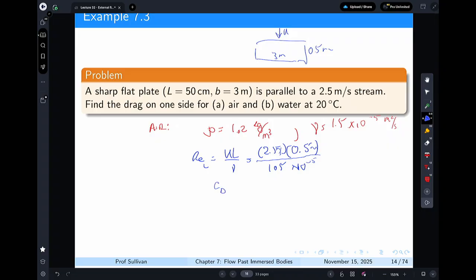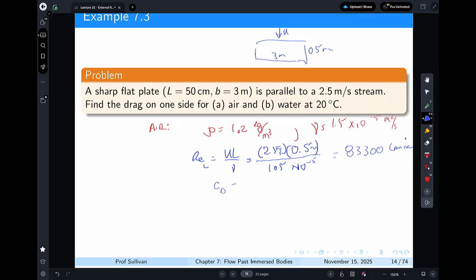So for laminar, oh wait, this is 83,300, and so it's laminar right here. So that's just the top view.